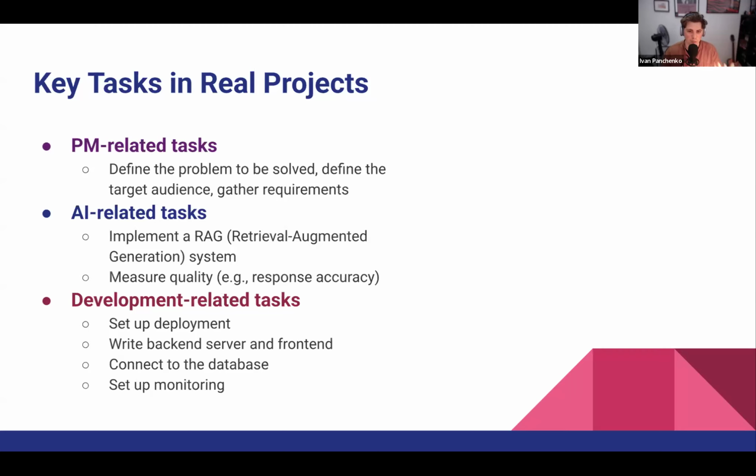We want to solve a real problem with the thing we are trying to build. Also, we do some AI-related stuff like implementing a retrieval augmented generation system, measuring the quality of our solution, and so on. And as I said previously, we don't just build stuff, we need to give it to users, we need to show it somehow. And for this, we need to work as developers. So we need to set up deployment, write backend and front-end services, connect to databases, and so on.